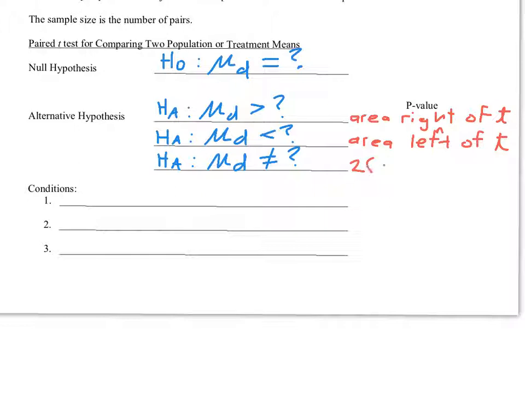You could go the area right of t, or double the area left of t.